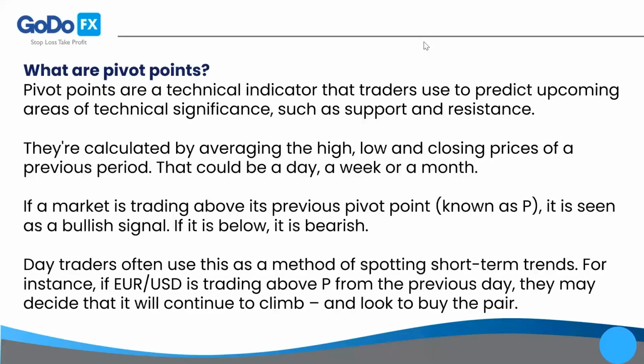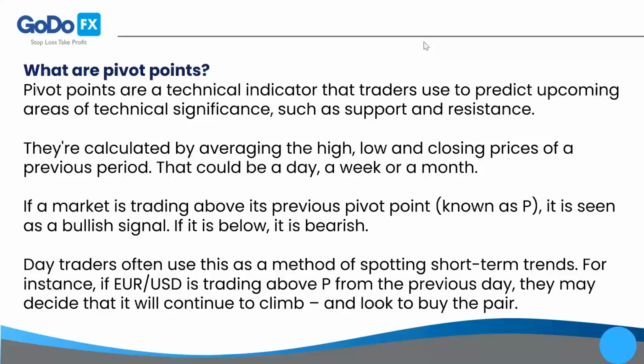If a market is trading above its previous pivot point, known as P, so please note down the word P so we can get back to it. Exactly what does it mean? It is seen as a bullish signal. If it's below, it's bearish. So as we said a few seconds before, as long as it's above the resistance point and above the previous pivot point, then it means it will go up.